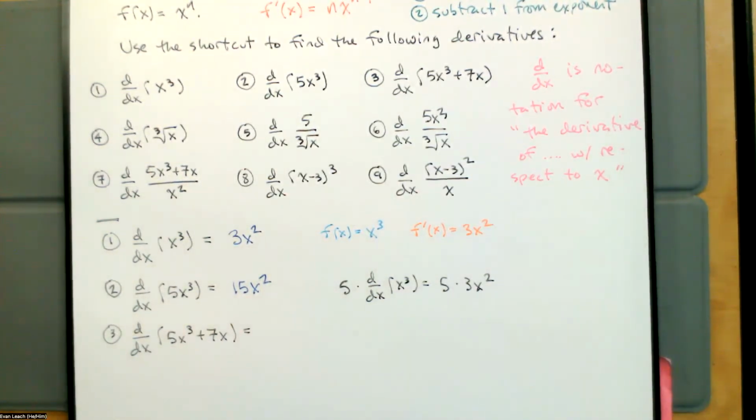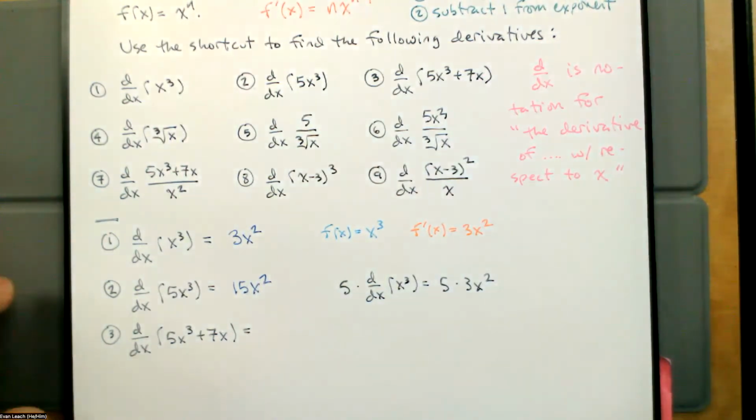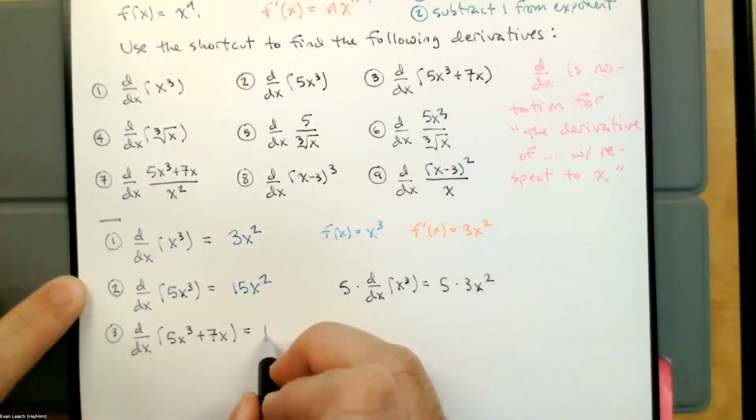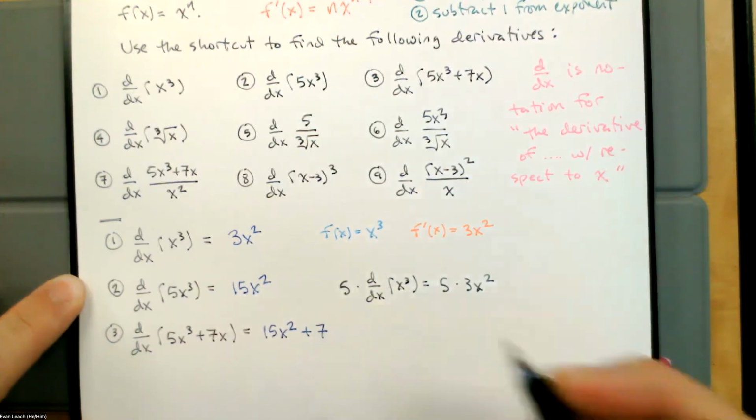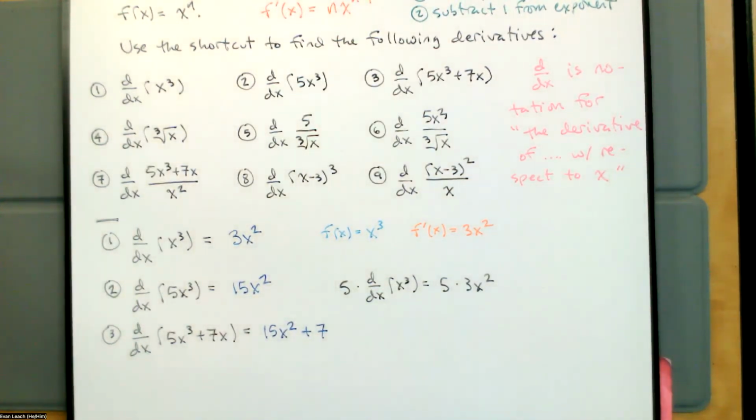All right, someone else. What is the derivative of 5x cubed plus 7x? Anyone have this one? What do we got? 15x squared plus 7. That's excellent.